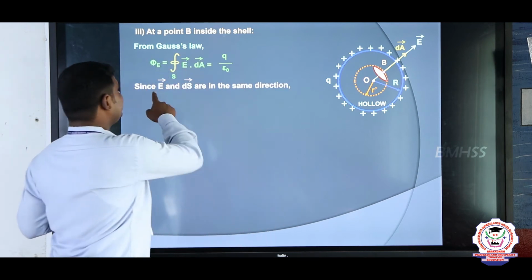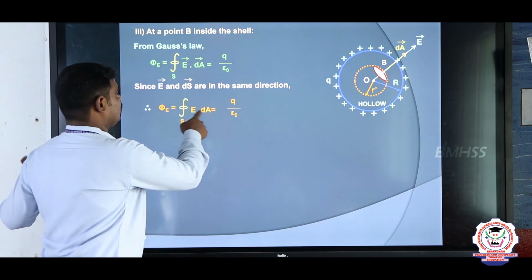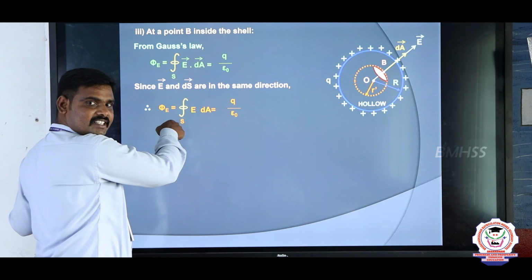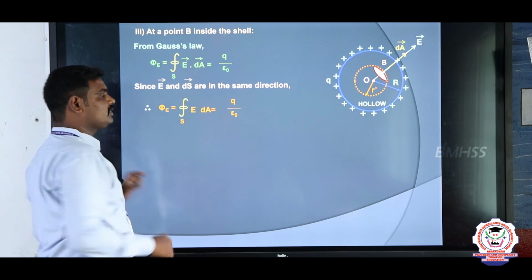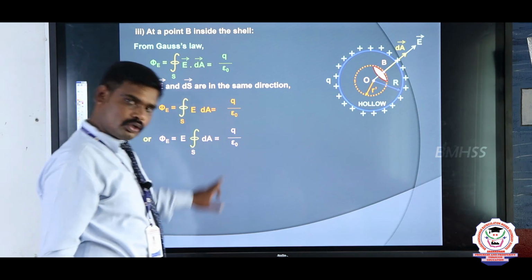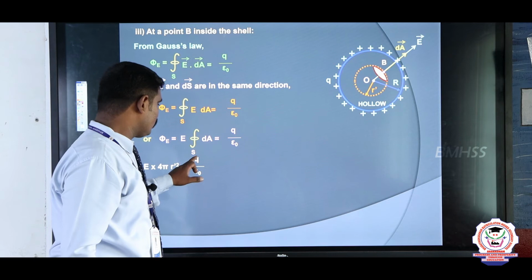E and dA are in the same direction, so E into dA is equal to Q by epsilon naught, and E into 4 pi r square is equal to Q by epsilon naught.